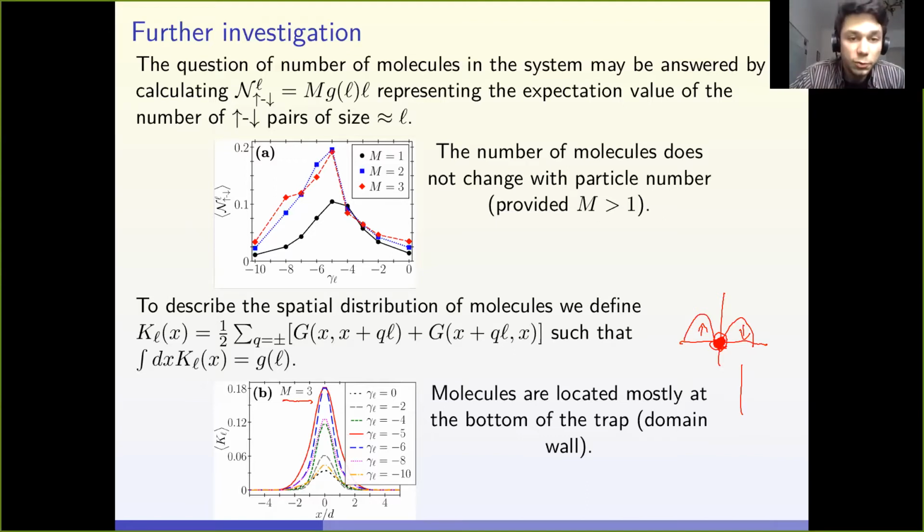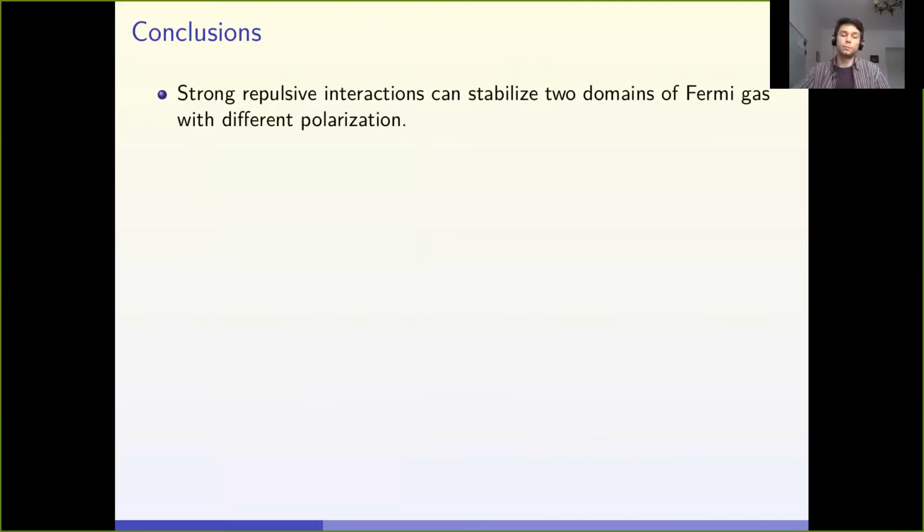Okay. So yeah, that's basically all that I would like to say. So we have some arguments for the molecule formation. Let me just go now to the conclusions. The first observation, related to the Stoner model, is that with strong repulsive interactions, you can stabilize 2 domains of a Fermi gas. Okay, that's not a very surprising thing.